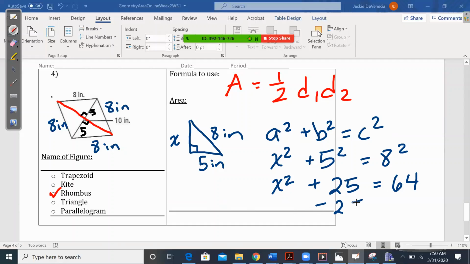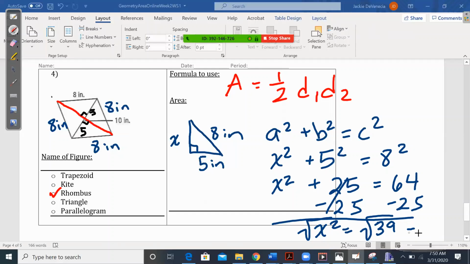I just need to subtract 25 from both sides. X squared, let's get my calculator. 64 minus 25 is 39. So I have x squared equal to 39. And if I want to get x by itself, I need to square root both sides. So this will just give me the square root of 39.